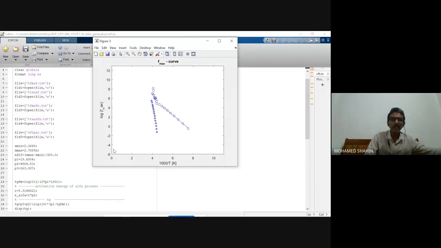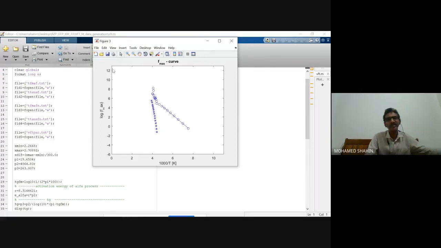Number one, where it touches the y-axis when x is equal to 0. That is parameter 1. Parameter 1 means when x is equal to 0, where it touches the y-axis.